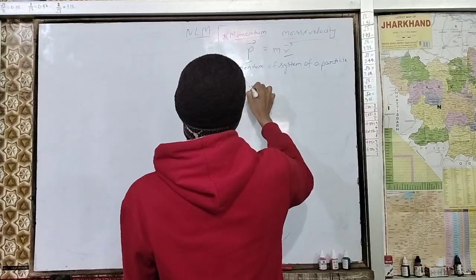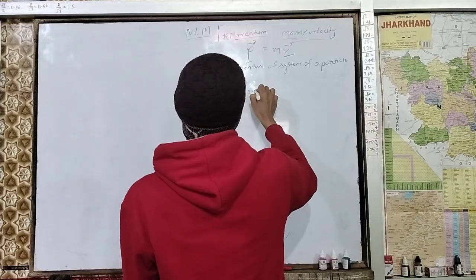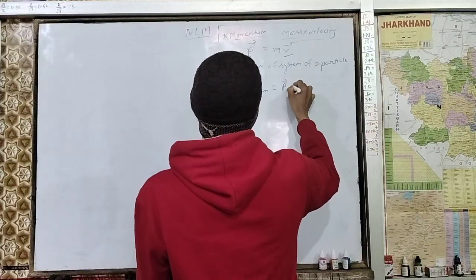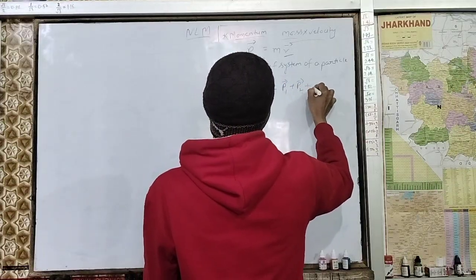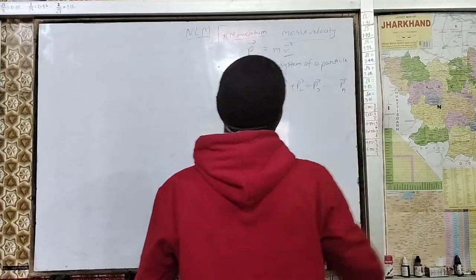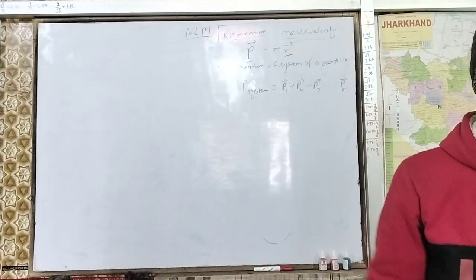So P system will be equal to P1 plus P2 plus P3 up to Pn. It means we just add all the momenta.